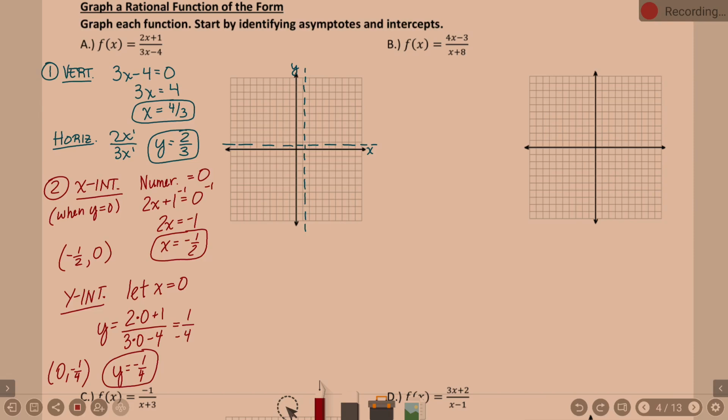Okay. Let's put those 2 points on the graph real quick. X-intercept of negative 1/2. That means on the x-axis, what do you do? You go half a box left of the origin. I know, it's not big, but these aren't the best fractions in this problem.